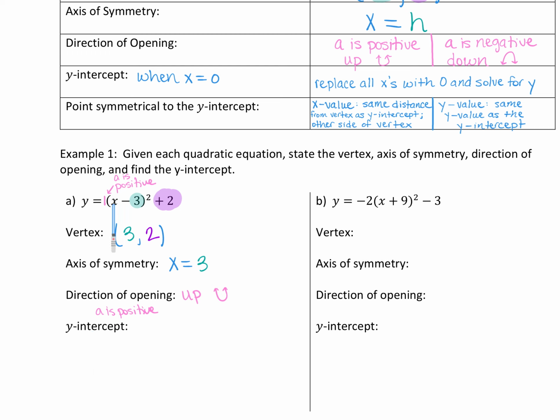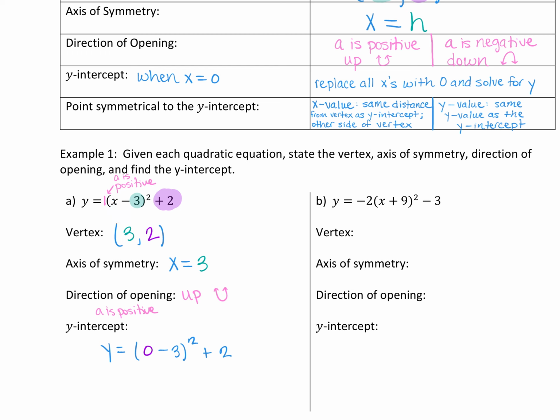And then the y-intercept, we replace the x with 0. So we have y equals, replace this x with 0, and -3 squared plus 2. So again, this x I'm just replacing with the 0.